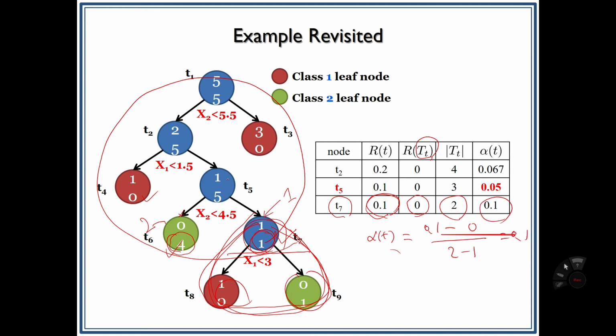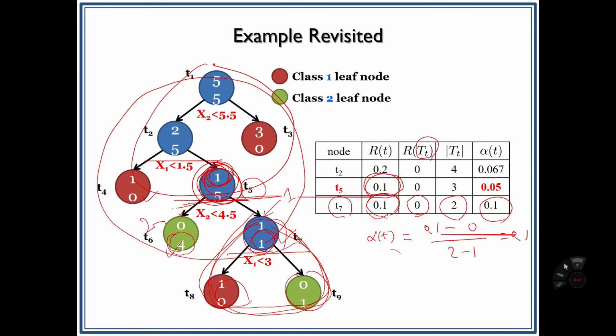Okay, and let us consider cutting off these 2 branches. So we're going to declare T5 as a leaf node. Then the error rate by this upper part is only this one, right? Still, the R of T is 0.1.